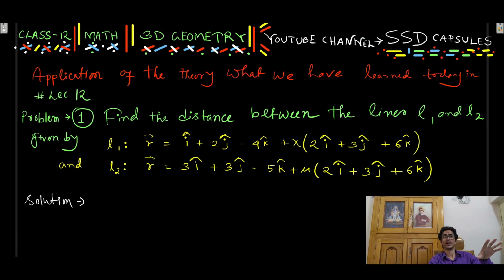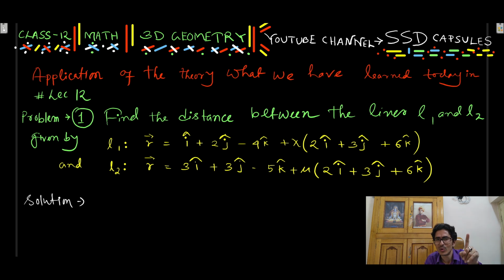Now we will see one application of today's theory. So we are going to solve one problem right now in the next slide. Find the distance between the lines L1 and L2 given by L1 is this, L2 is this. Here observe that r vector equal to i cap plus 2j cap minus 4k cap plus lambda times one vector, and equation of line L2 is 3i cap plus 3j cap minus 5k cap plus mu times one vector.